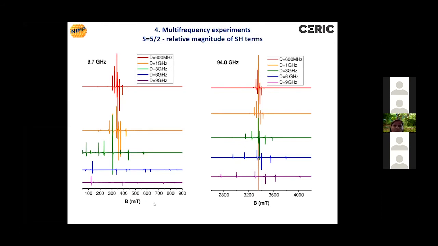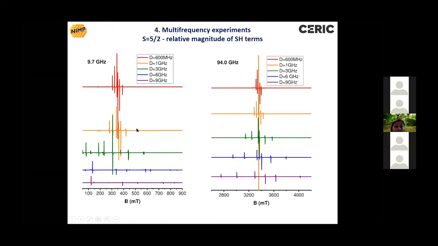And for a spin 5/2, like in the case of iron 3+ ions, if you are in the situation where the D value is much smaller than the microwave energy, you expect to have 5 lines, and you have them in W band, and you have them also in X band for a moderate value of the D parameter.